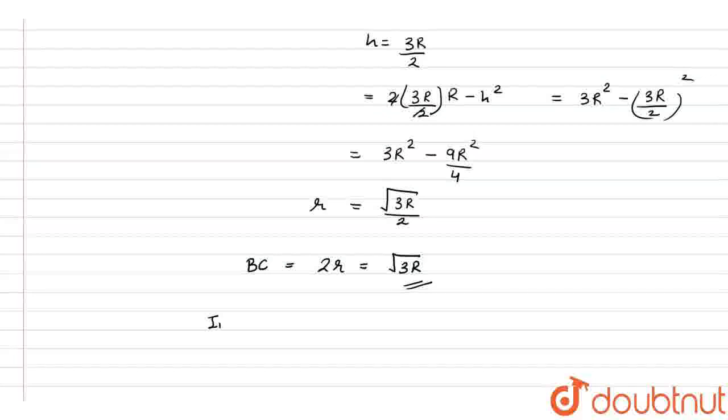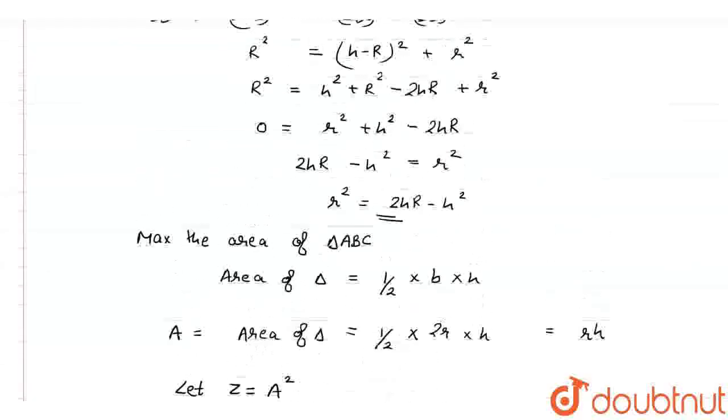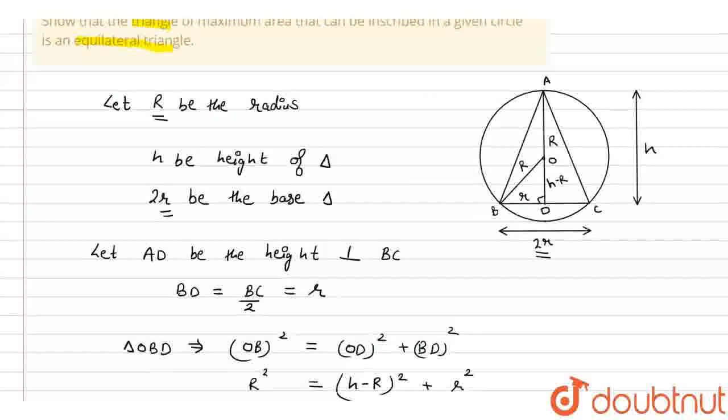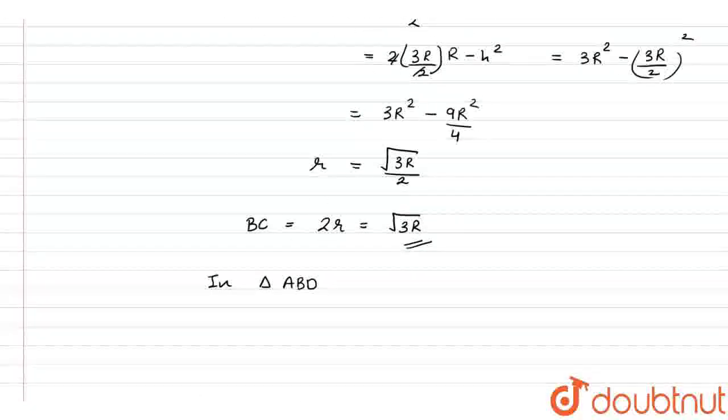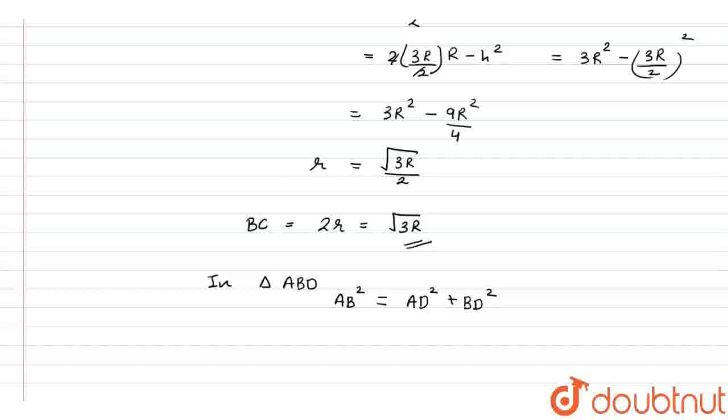So in triangle ABD, I'll show you which triangle it is. That is this triangle ABD. We'll apply Pythagoras theorem. We have the value of BD, we have the value of AD. We'll find out the value of AB. So after applying Pythagoras theorem in this particular triangle, we'll get AB square, that is hypotenuse square, is equal to AD square, that is height, plus BD square. So AB we have to find out.